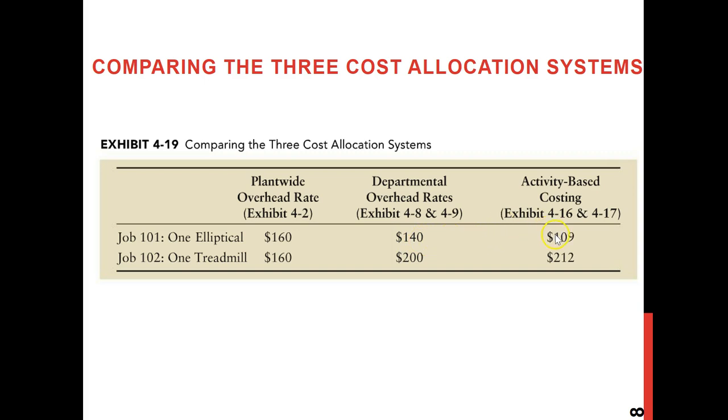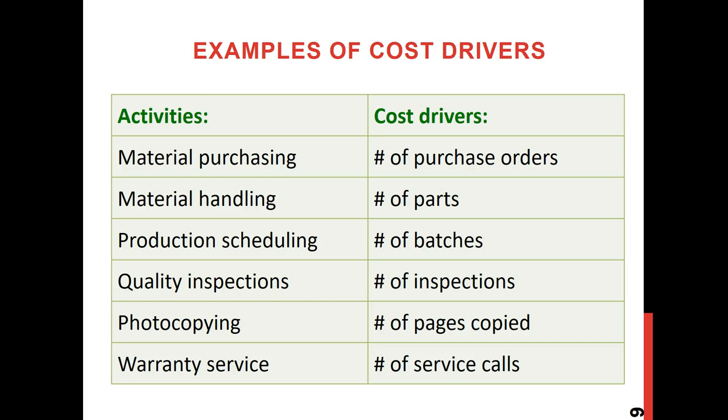When we are calculating the same overhead based on different activities, it shows that the overhead cost for one elliptical is $109. So you see the costs are completely different depending on what type of overhead rates we are using. So of course, with activity-based costing, we are getting more precise, more specific and more accurate costing. So activity-based costing will give you more accurate calculations.